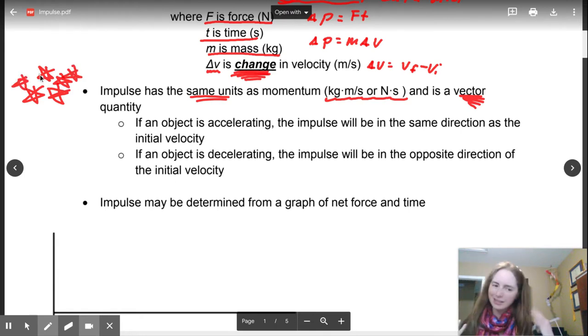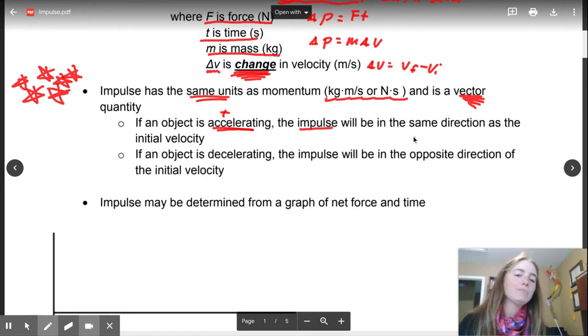Now this bit here is super, super vital. Lots of stars kind of gives you an inclination that it's important. So if an object is accelerating, so it has positive acceleration, speeding up, its impulse is going to be in the same direction as your initial velocity. So if your initial velocity is positive and you're going faster, your impulse is also going to be in a positive direction.